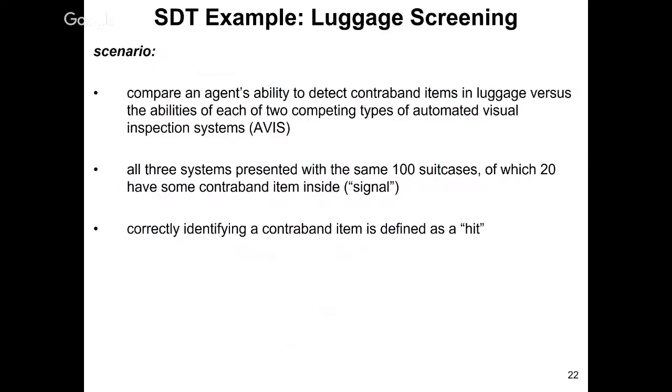We have 100 suitcases. 20 of them are planted or whatever. What is the probability that after we go through the 100 suitcases, the probability of signal, which means the contraband?